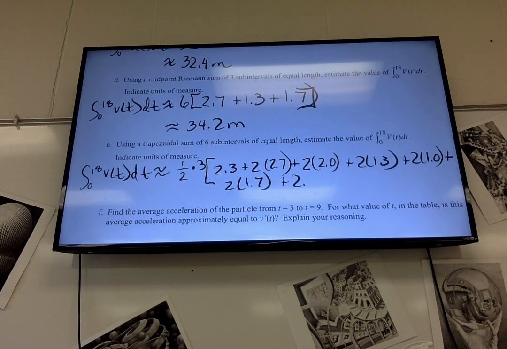And then it ends at 2.1 with just one of those. Why 2 times these? Because they share a side. It's the end of one trapezoid and the beginning of the next one. That's why the first and the last one don't have 2, because they're only in one trapezoid. Okay.